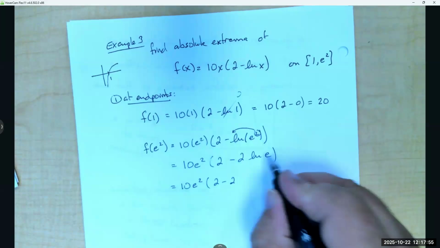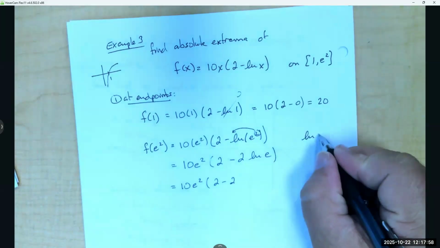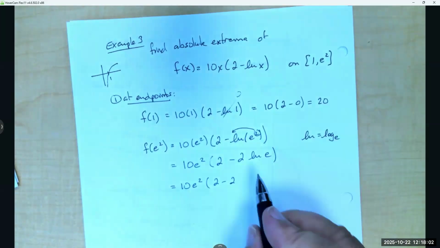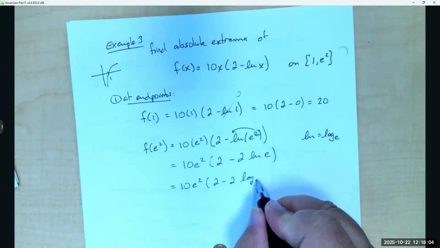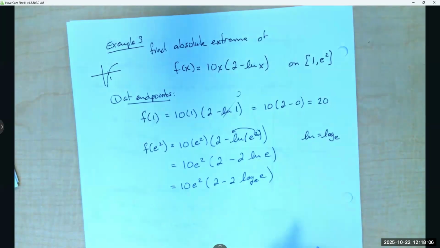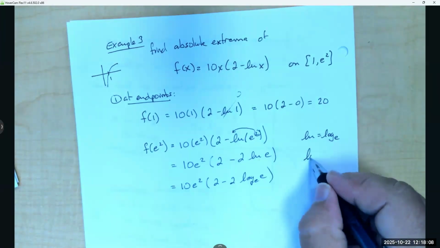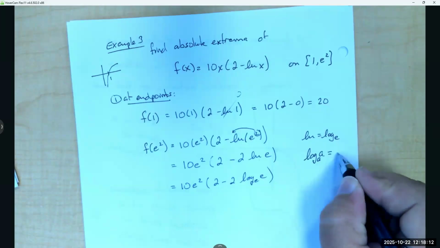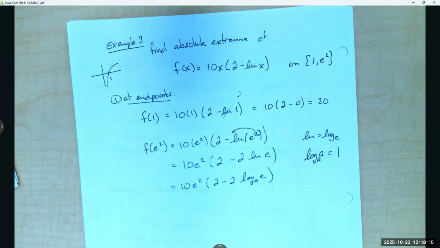2 minus 2. ln is the same thing as log base e. So that's log base e of e. There's a property in logarithms that whenever the base and the operation are the same, they cancel out. It equals 1.